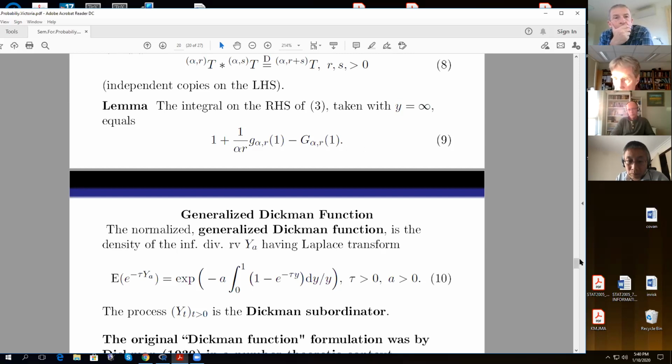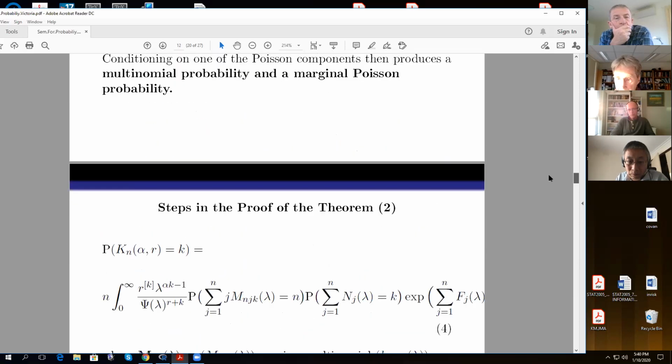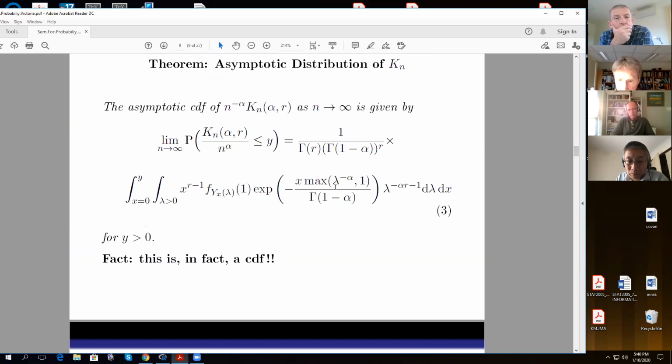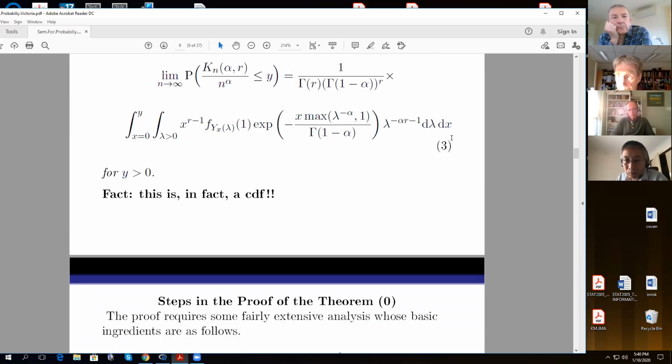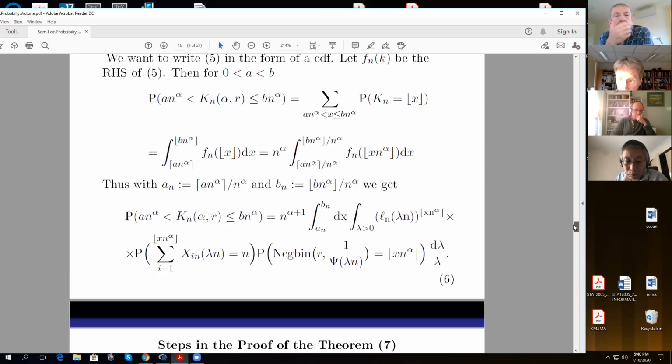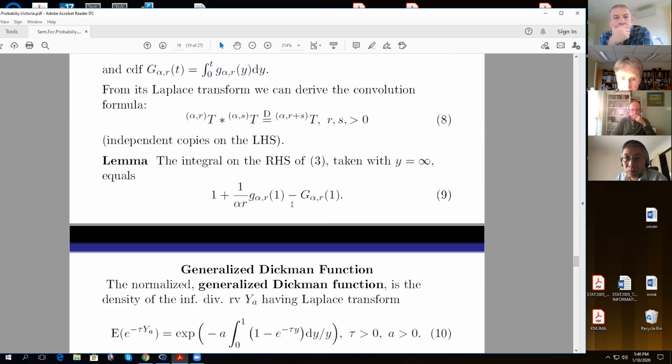Well, that number 3, you'll notice that it breaks up into, if I break it up into lambda less than 1 and lambda greater than 1, this just becomes e to the minus x. I can actually do one of those integrals explicitly. The other one I can't, but what I can do is show that the integrals that you get with this procedure are of this form.